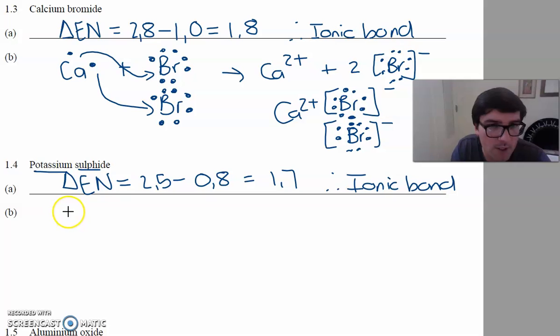It's not a law. So in this case, potassium is in group 1, so it only has one valence electron, whilst sulfur is in group 16, so it can accept two valence electrons.